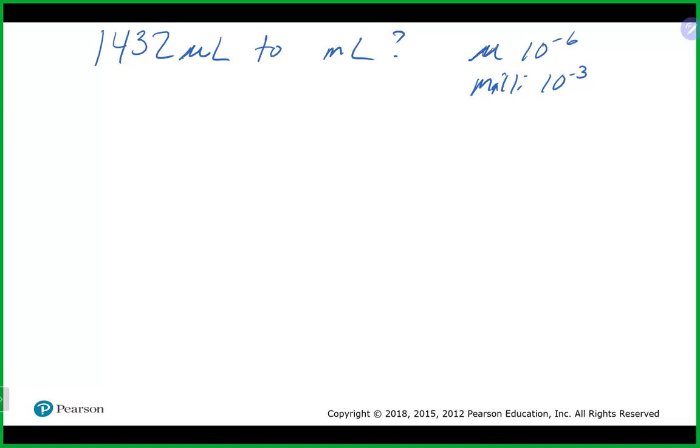It's like this weird, almost U-looking thing. Although, like I said, your book will use a couple of different symbols for it. They'll use like MCG, I think, sometimes. It's kind of weird. I've never seen it anywhere else besides that book. So this is micro here. Correct is milliliters. Here, I'll make the U a little bit longer that way.